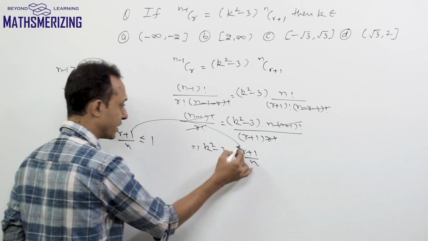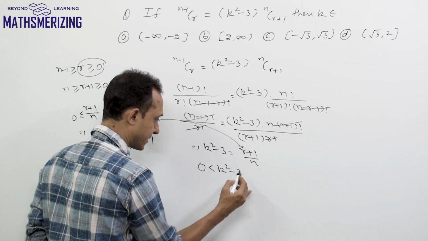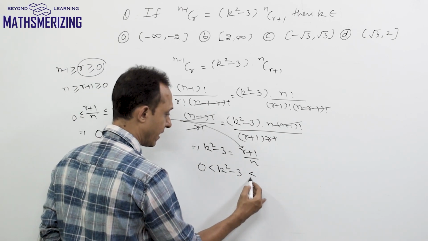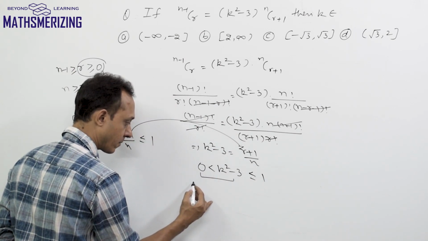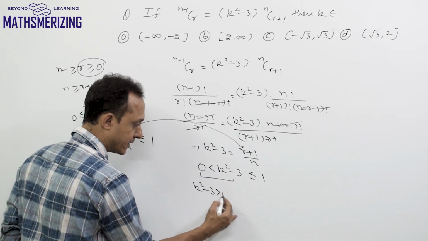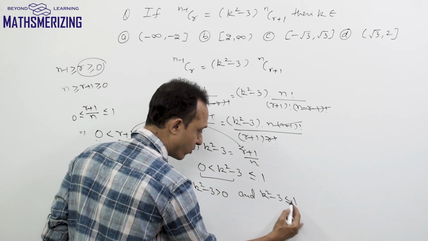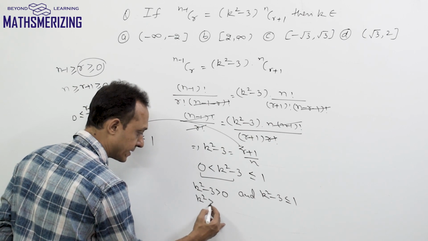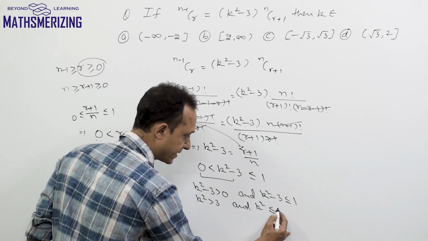So if I put this condition here, then I can write k square minus 3 is greater than 0, but less than or equal to 1. So if I solve the first part, I'll write k square minus 3 is greater than 0, and k square minus 3 is less than or equal to 1. So k square is greater than 3, and k square is less than or equal to 4.